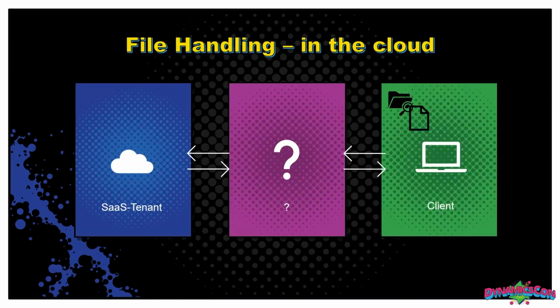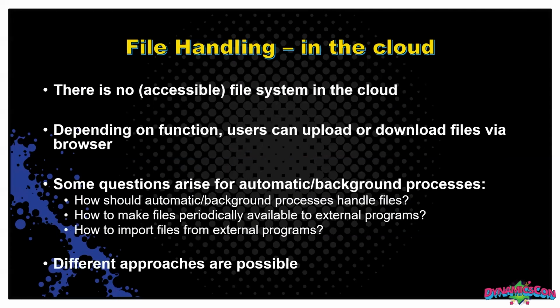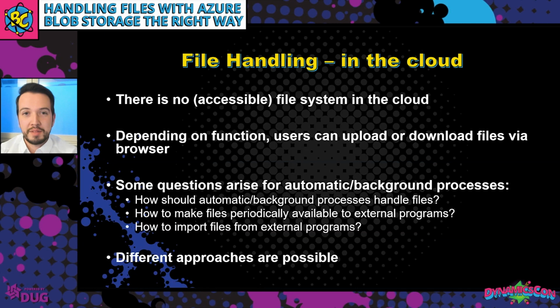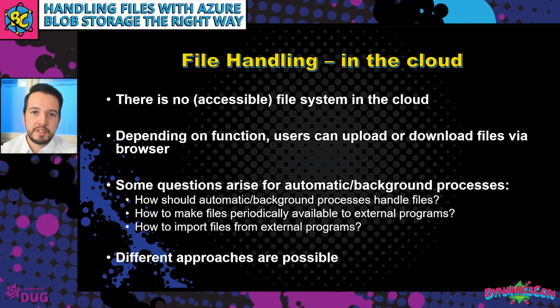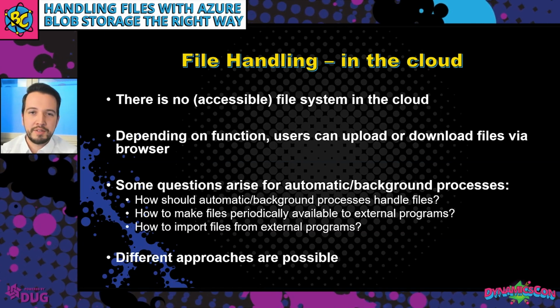So how is this when we talk about file handling in the cloud? First of all, in the cloud, we don't have a file system that we can access, at least nothing that is available to us. Of course, depending on the function, users can still upload or download files via the browser.